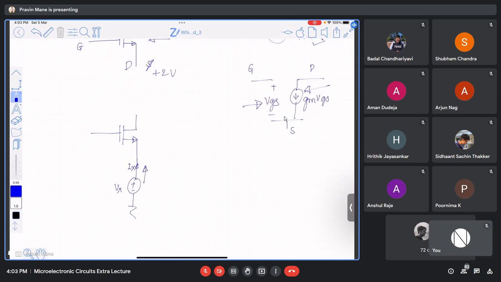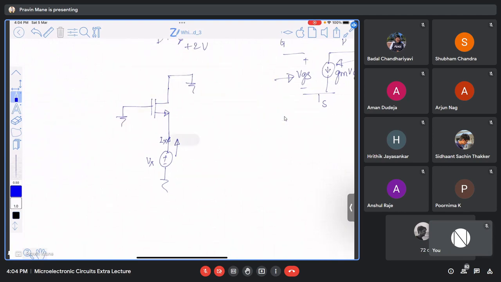Now in order to calculate it, I will be connecting this to ground, because generally VDS is applied to the drain, and some Vin is applied to the source. Now, there is an effective resistance of 1 by gm between the gate and source terminal.